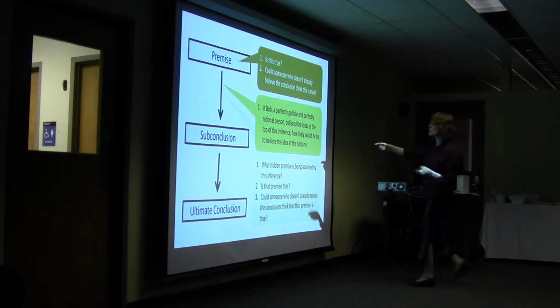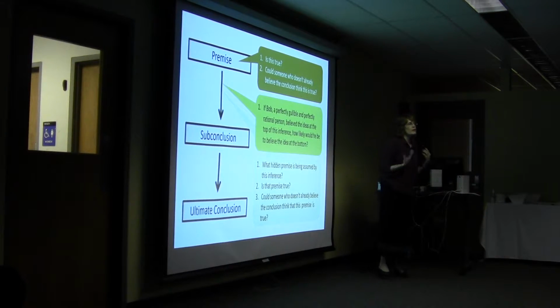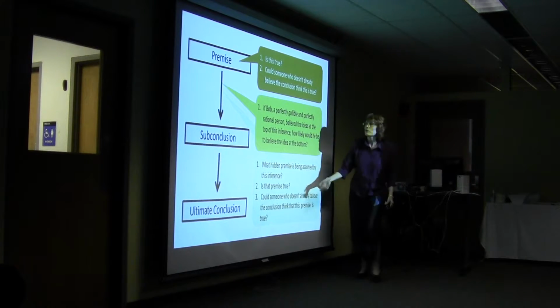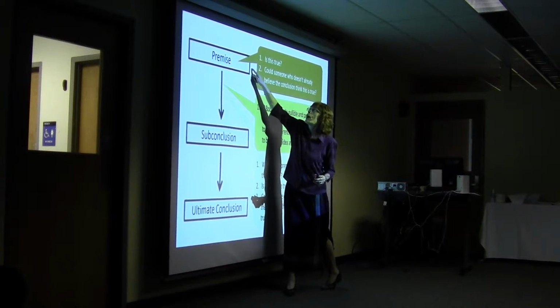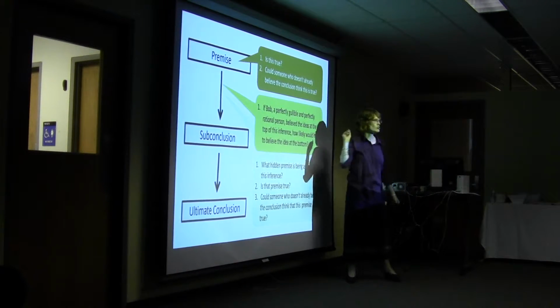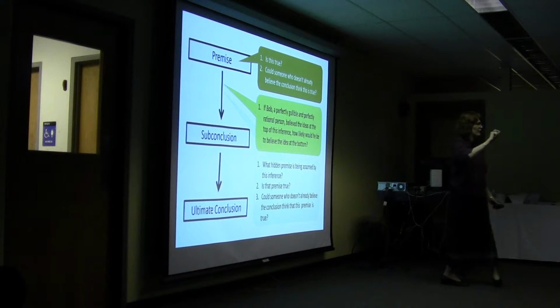If this is all students have, the only way they can articulate that is to say, well, Bob might believe the thing at the top and not believe the thing at the bottom, which is not instructive to people who don't know the Bob method. But if you say, look, this inference requires this assumption, and that assumption is false, bang, right?